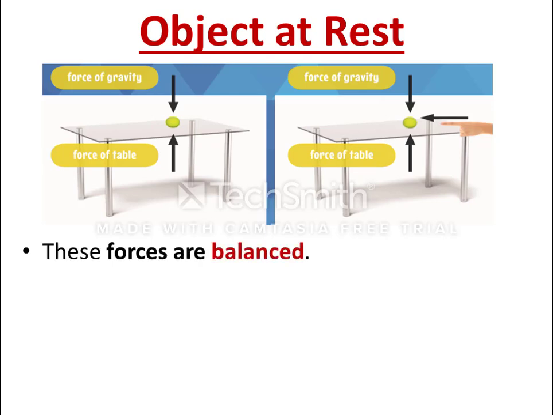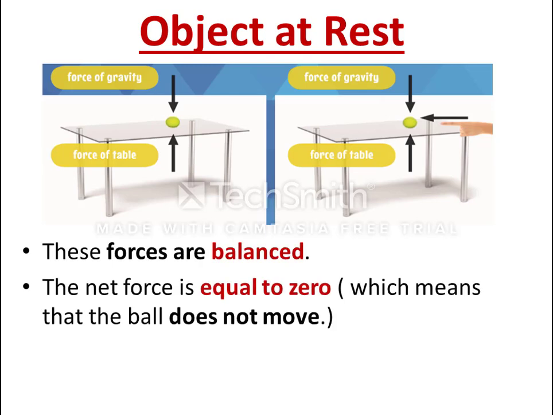So, the forces are balanced. The net force here is equal to 0, which means that the ball does not move. It didn't move, nothing moved it. So they cancelled each other. The force of gravity cancelled the force of the table.